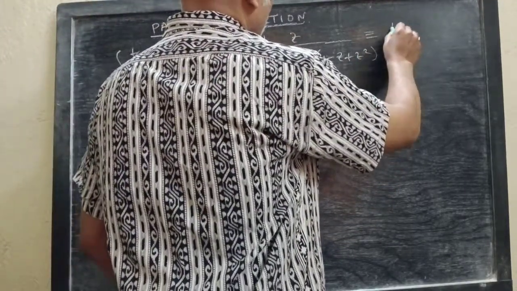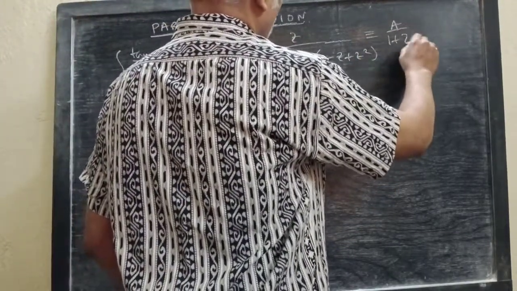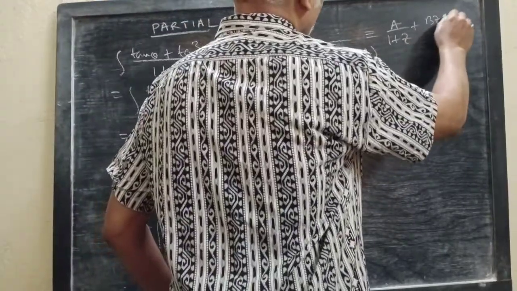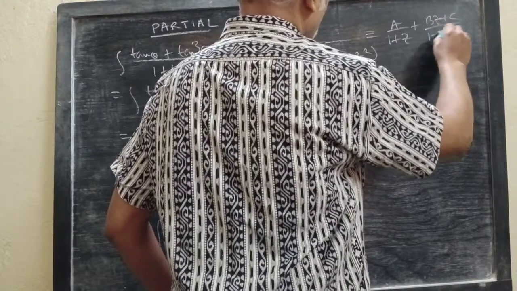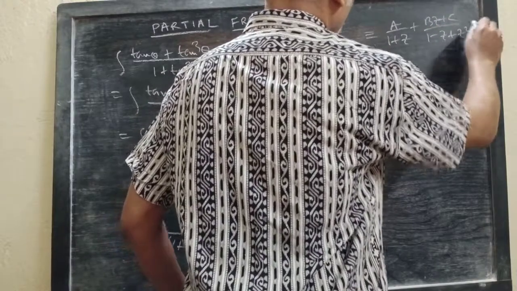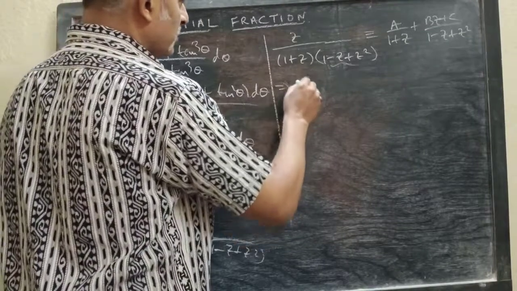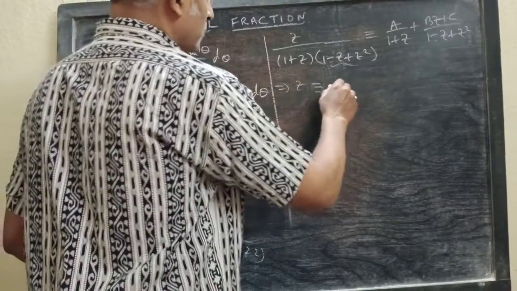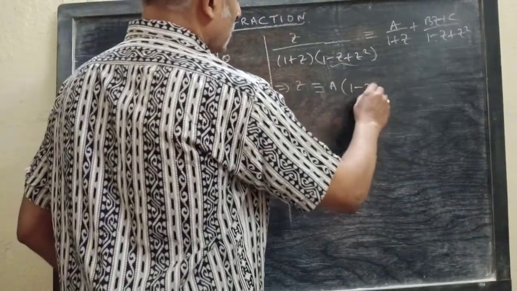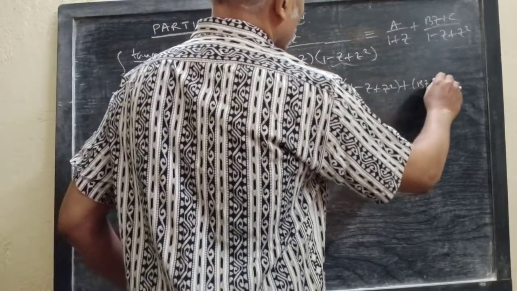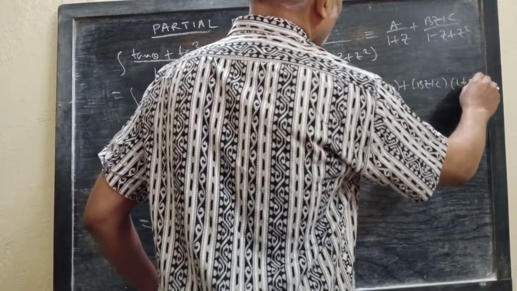Let this be equal to a by 1 plus z plus bz plus c by 1 minus z plus z square, which is irreducible. Now multiplying both sides by the denominator, we get z identically equal to a into 1 minus z plus z square, plus bz plus c into 1 plus z.